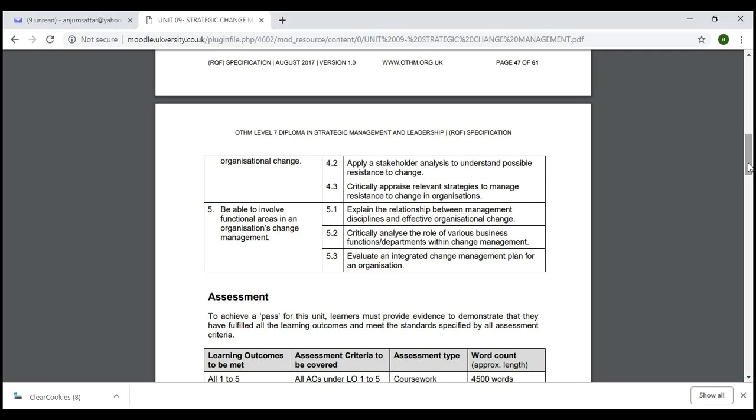So different departments. Well, we have finance, human resources, and what else? Operations. There are many departments. Normally we can say HR, finance, production, operations, marketing, after sales service.